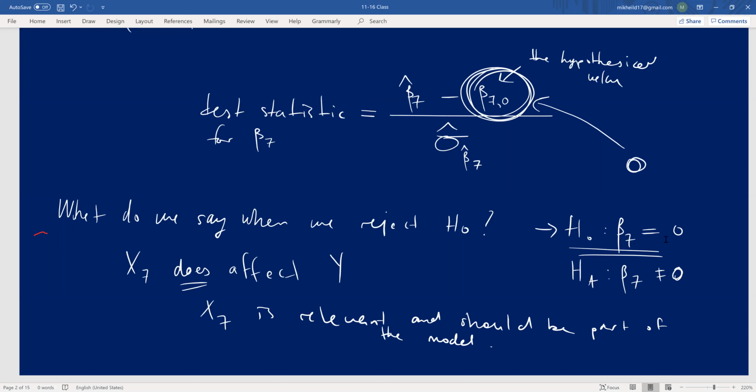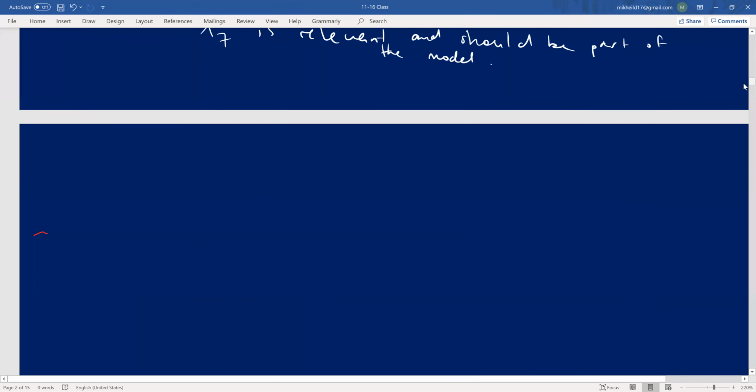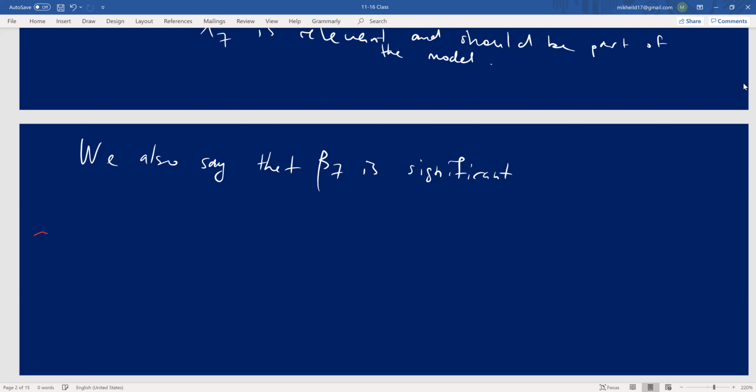Because it means X7 plays a role; it affects the variation in Y. This is an important thing to know.